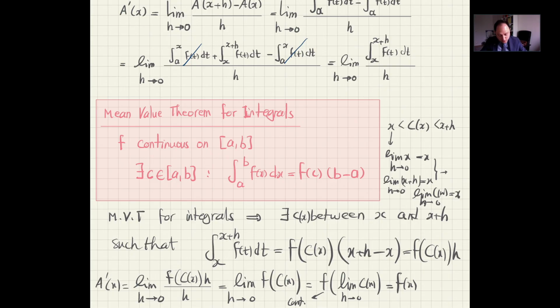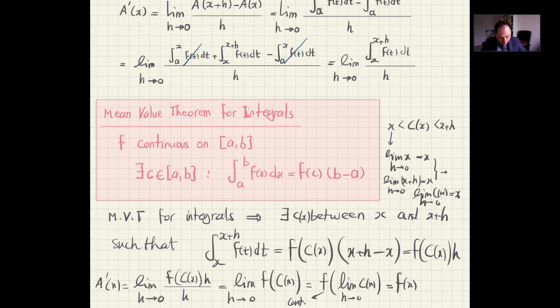So it was actually very technical. What I wrote for you is that according to this mean value theorem for integrals, this integral can be written as f calculated at a number, but this number, even though it is fixed, depends on the value of x that you have chosen from the beginning.